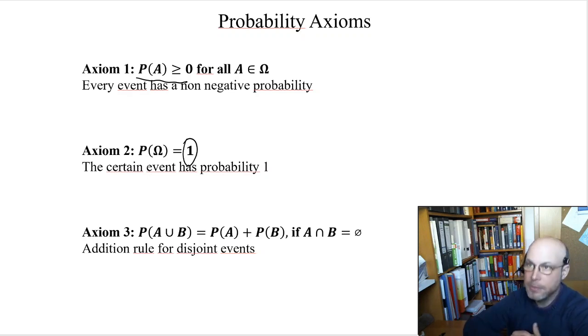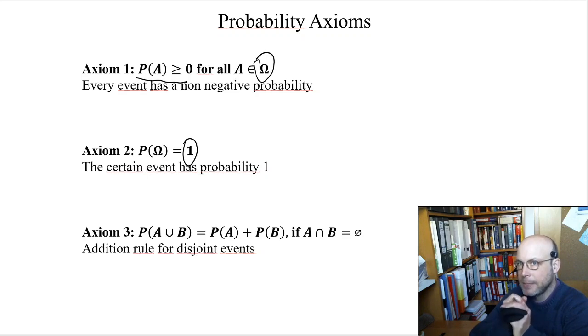If we take all events of our sample space and want to know the probability of X being any possible event in our sample space, this is just 1.